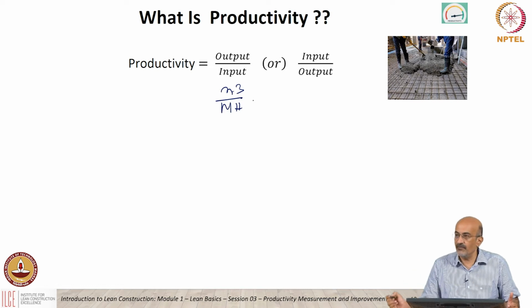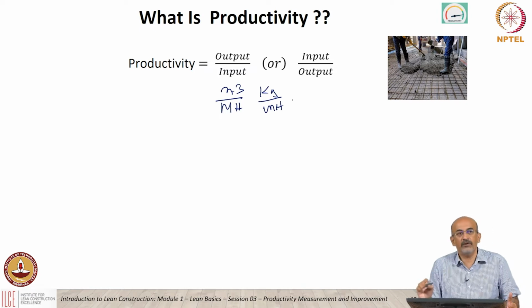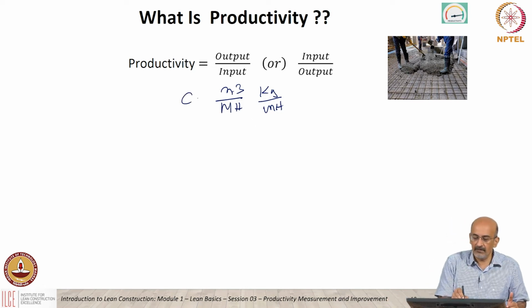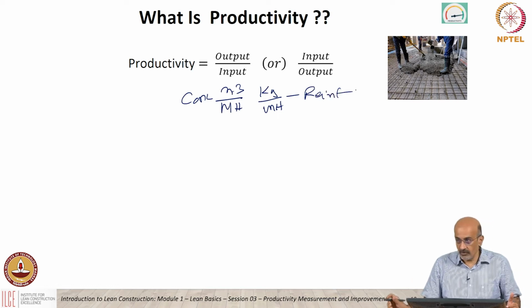Now we take reinforcement. You can see reinforcement. If I was doing reinforcement, what would it be? kg by man hour. Yeah, it could be kg by man hour. Now, is there any other input or output I could think of for these two examples? This was concrete, this was reinforcement. Cost can also be there, right?